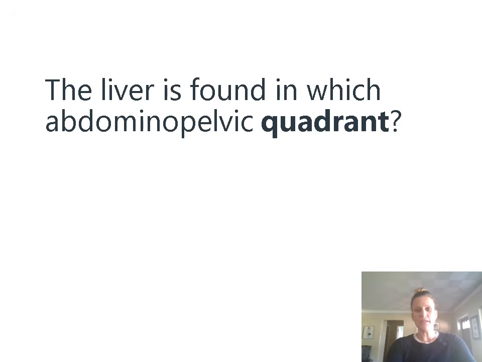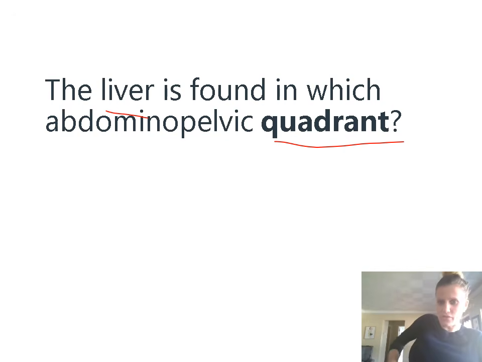So for example, the liver. The liver is found mainly in which abdominopelvic quadrant? First off, remember quadrants are the right upper, left upper, right lower, left lower. The liver is on the top right of the abdomen, tucked up under the ribs a little bit, but the top right.